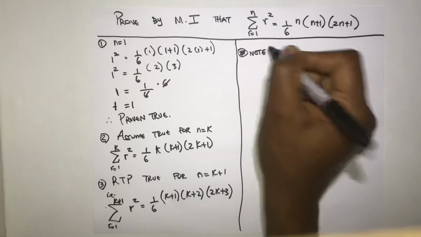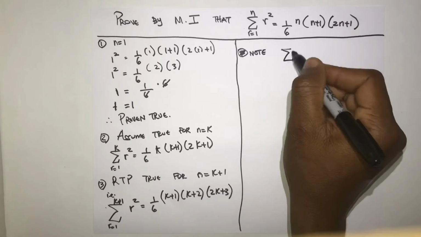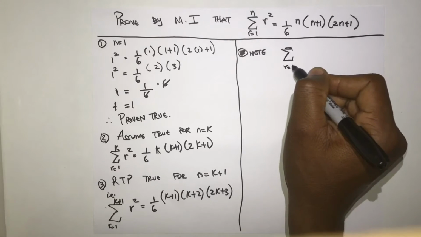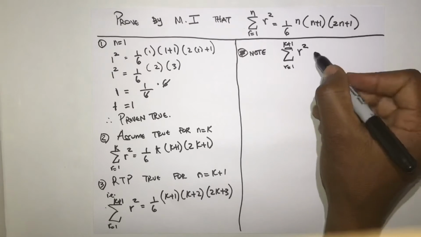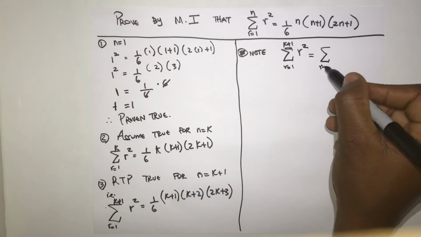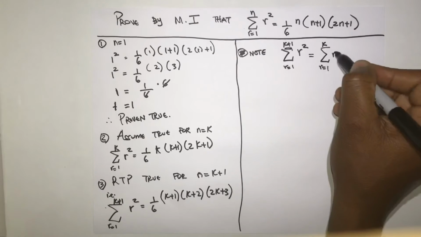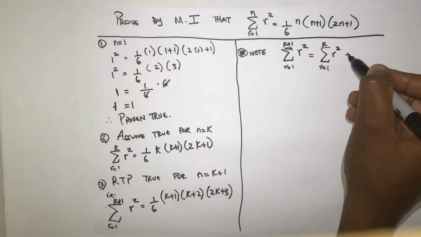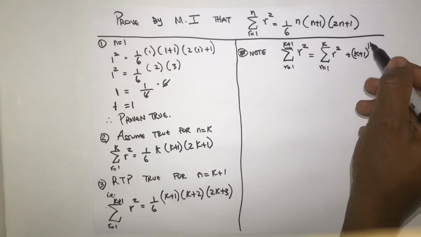Now, note that the sum from r equals 1 to k plus 1 of r squared is the same thing as the sum from r equals 1 to k of r squared plus the k plus 1th term.